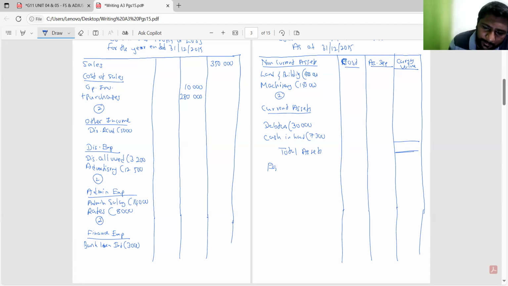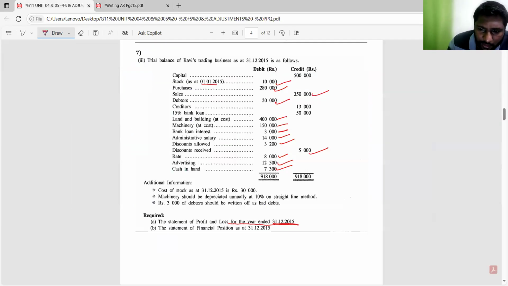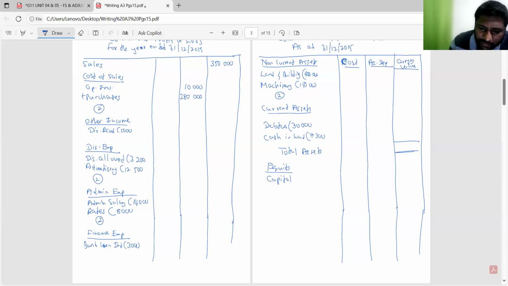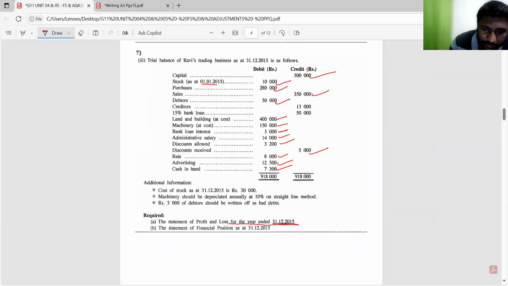Then we have the equity. Under the equity, we can write the capital. How much is the capital? 500,000. Then we can leave maybe 3 lines and write non-current liability, bank loan. Bank loan is 50,000.